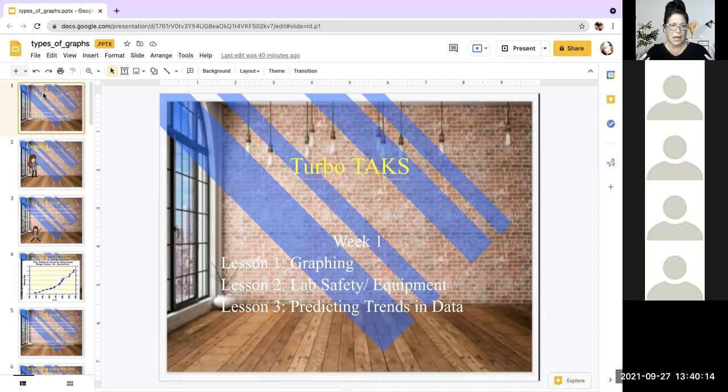When you get questions, oftentimes the answer is right in the graph if you know how to read it. So that's what we're going to talk about.